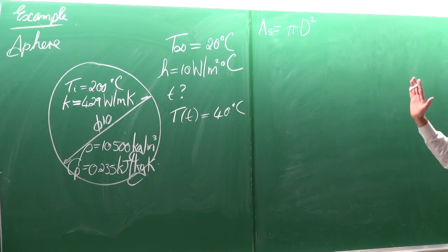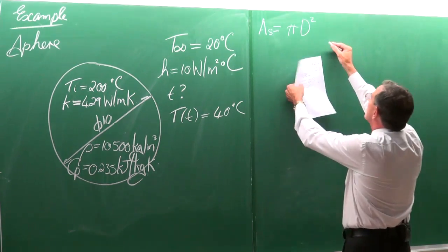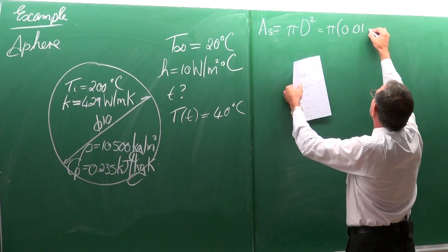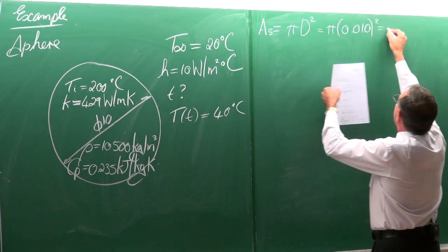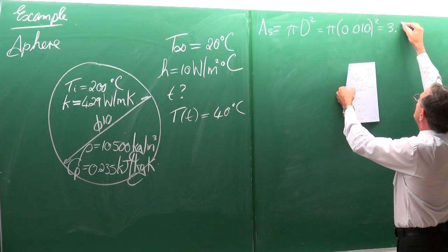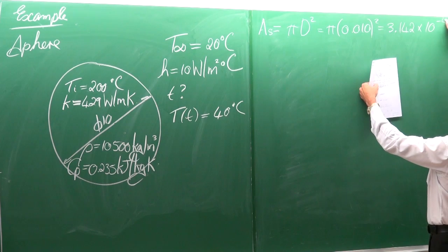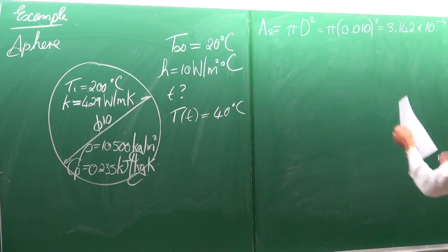Very simple equation in terms of diameter, pi d squared. So therefore it is equal to pi multiplied by the diameter, which is 10 millimeters. And the result is equal to 3.142 multiplied by 10 to the minus 4 square meters.